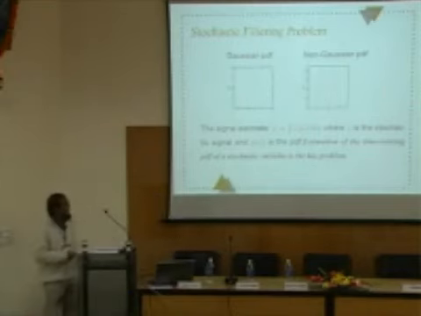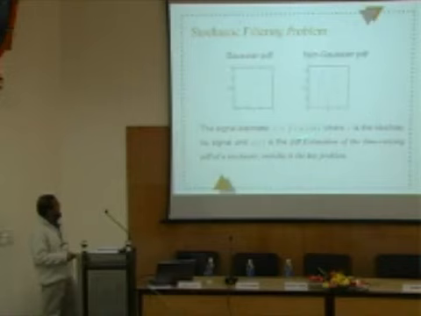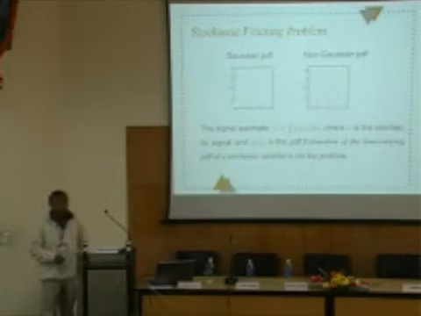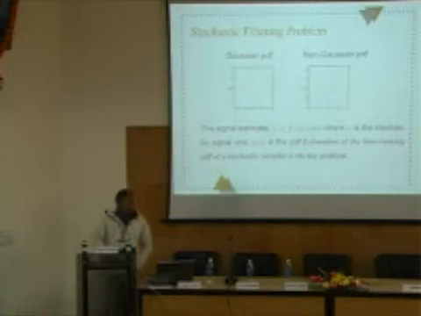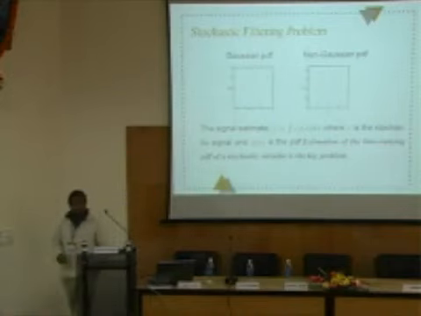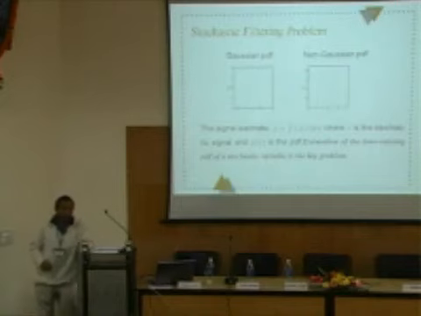The idea is that when we do stochastic filtering, the main problem is how to estimate the PDF, the probability density function, associated with the signal. Because given a signal, if I know the PDF associated with it, then the solution is almost known.